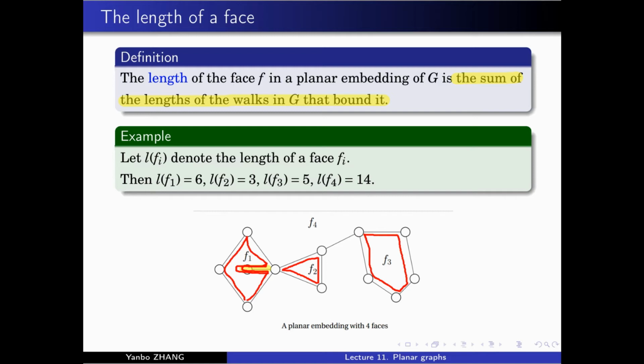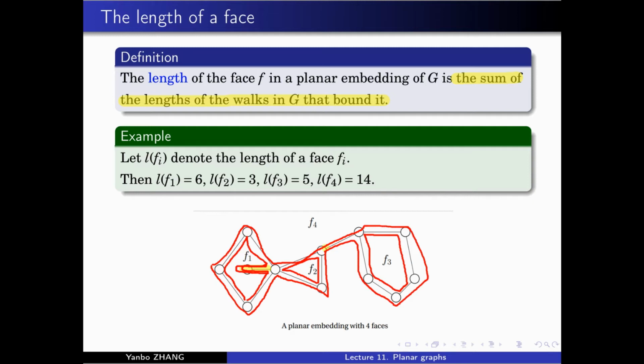Now we calculate the length of F4. The length of F4 is 1, 2, 3, 4, 5, 6, 7, 8, 9, 10, 11, 12, 13, 14. So LF4 equals 14.